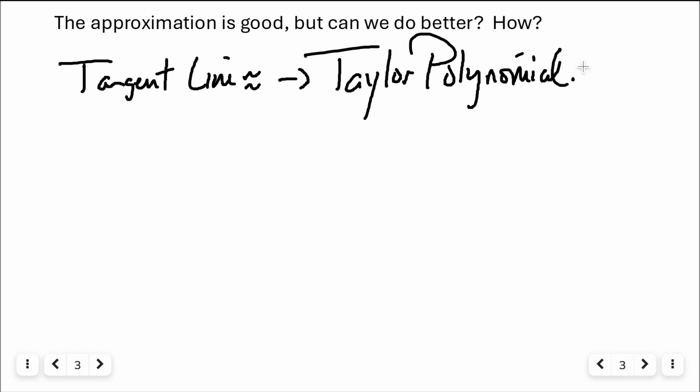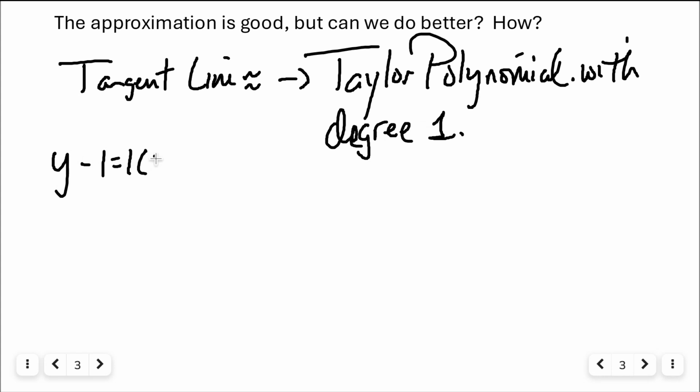It's a Taylor polynomial with degree 1. It's a first degree polynomial. y minus 1 equals 1 times x minus 0. If I put it in slope-intercept form, y would equal x plus 1. That's a degree 1 polynomial. So this is a Taylor polynomial with degree 1.